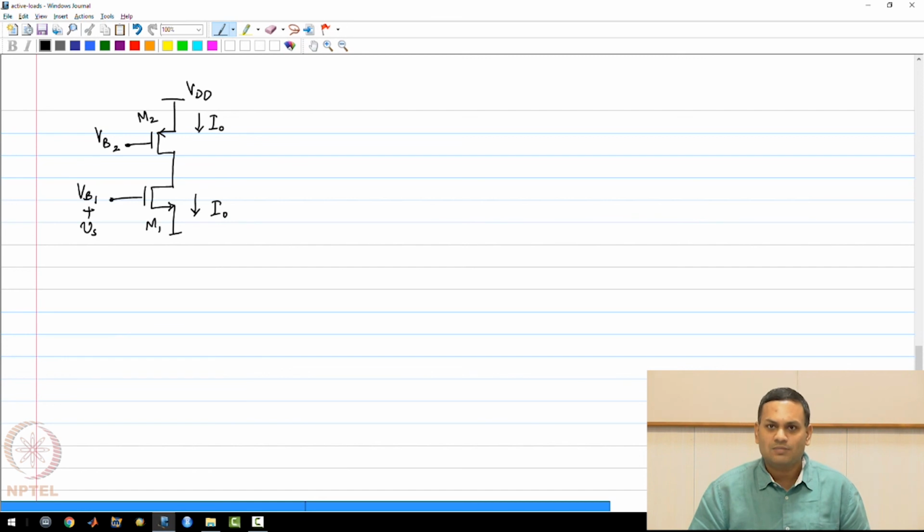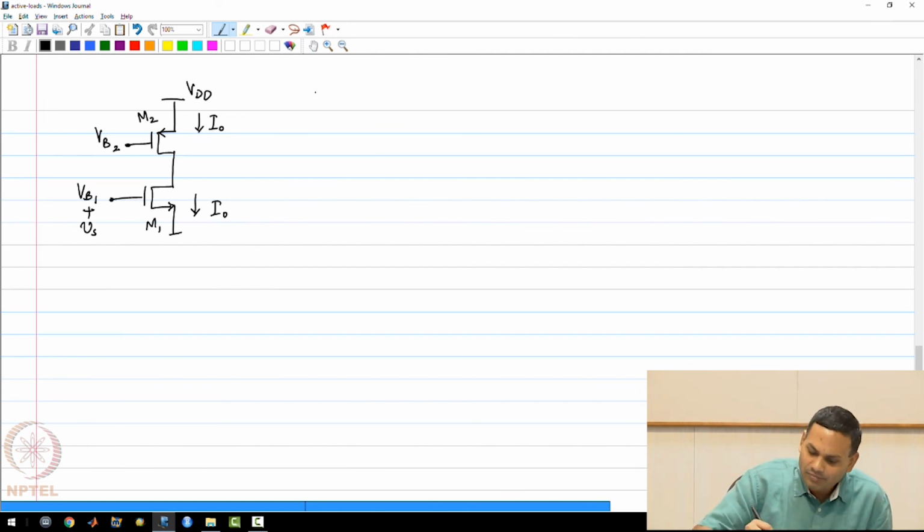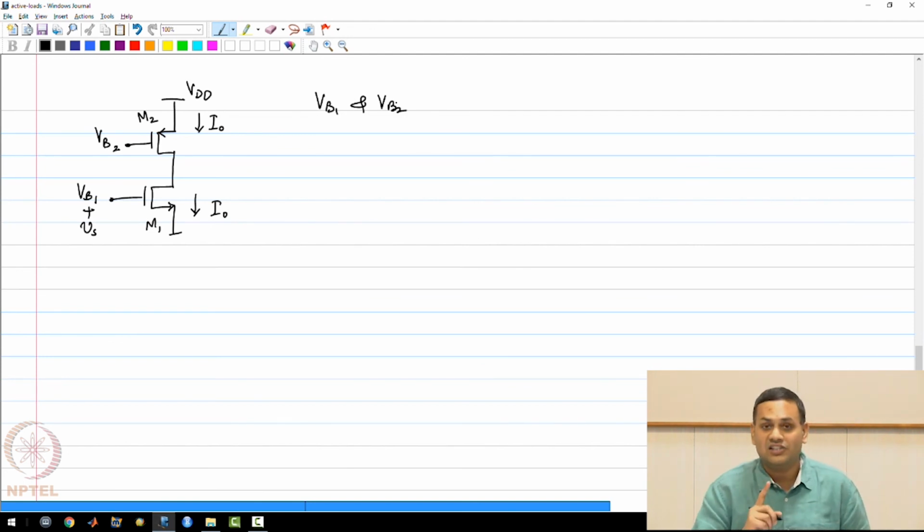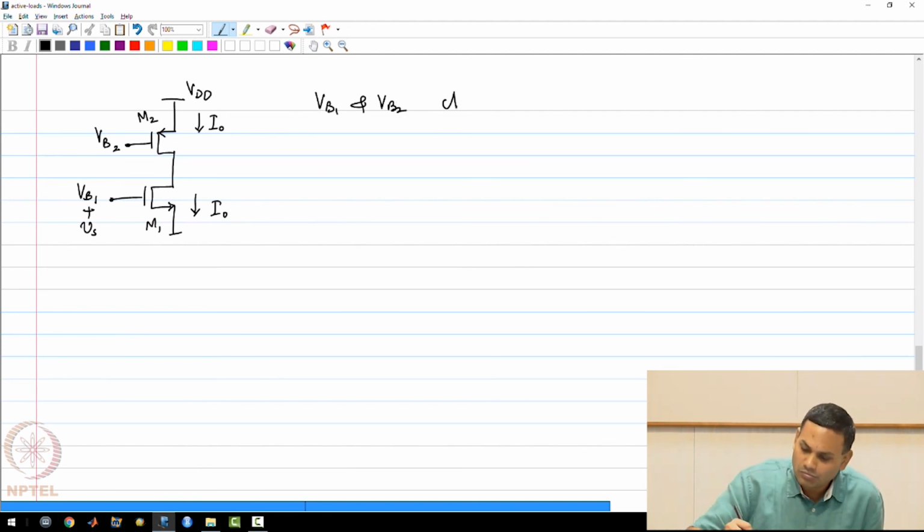If you were to draw the small signal equivalent circuit, before we draw it, I want to emphasize again that VB1 and VB2 have to be chosen very carefully so that the two transistors have the same current I0, and there is one additional condition that is very important.